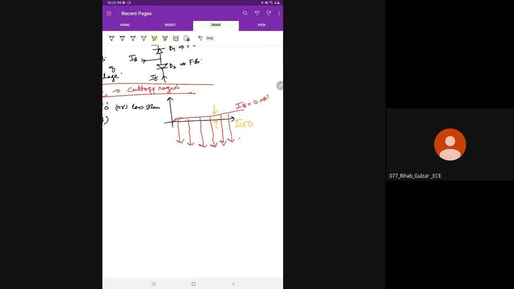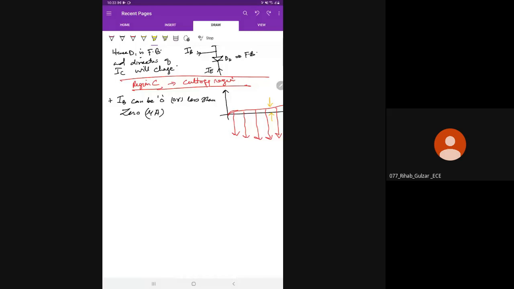So if IB is less than 0, it means IB is negative. If IB is negative, then the direction of IB will change.